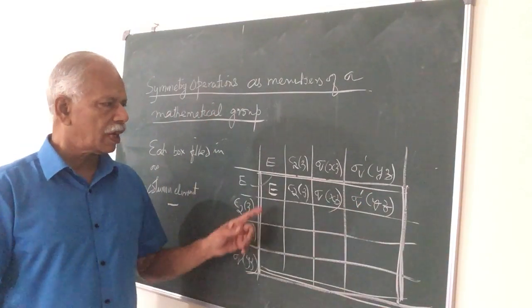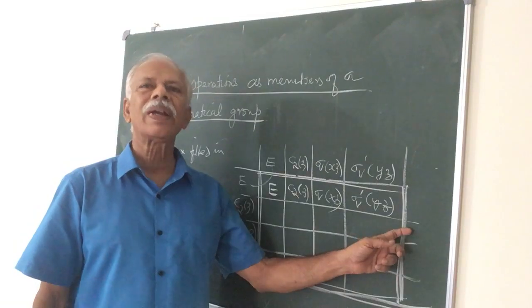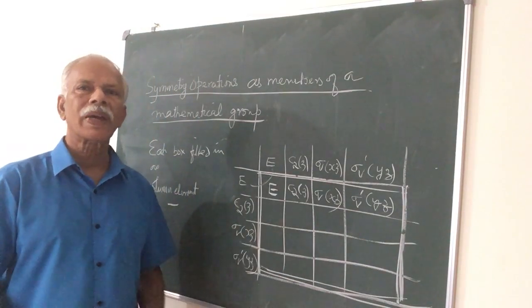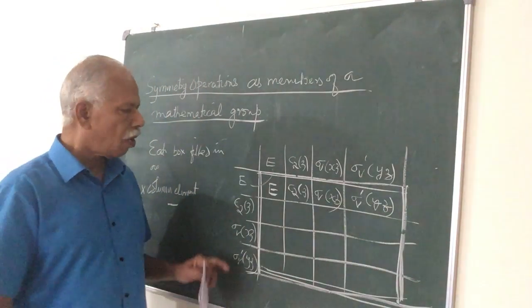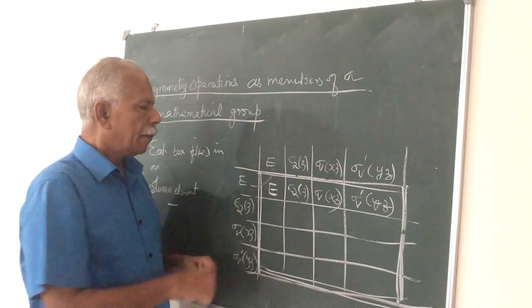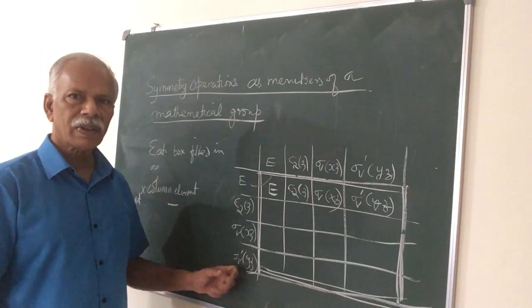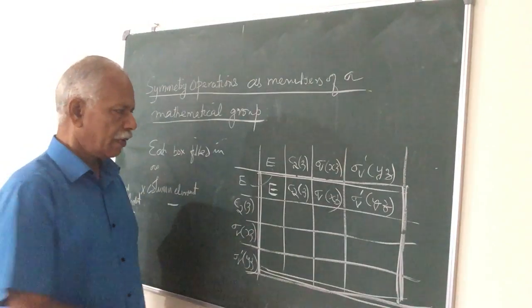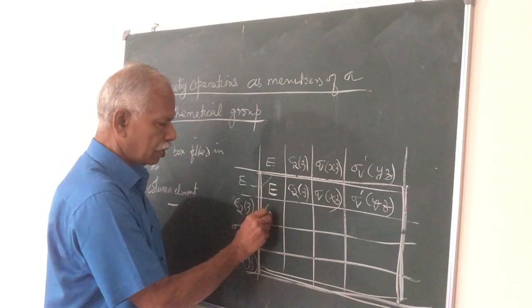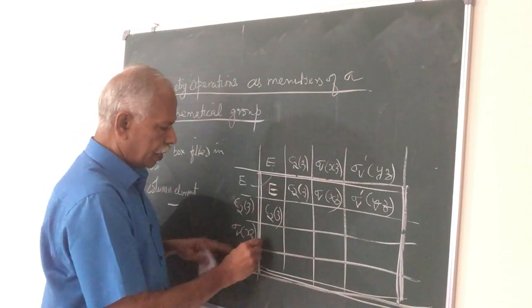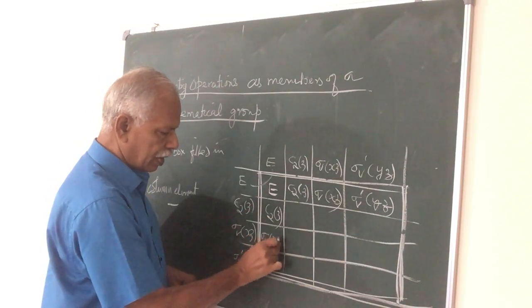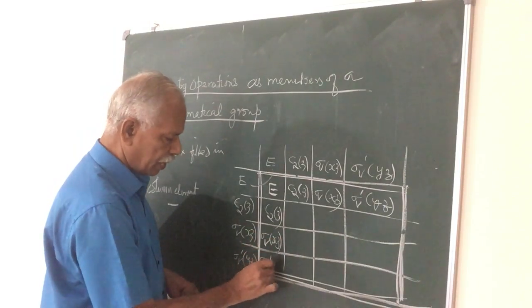In the multiplication table, the first row is quickly written. So also the first column can be quickly written, because it all involves multiplication of identity with all these, and all these will be left unchanged. So this with this gives C2z, this will be sigma v xz, and this will be sigma v dash yz.